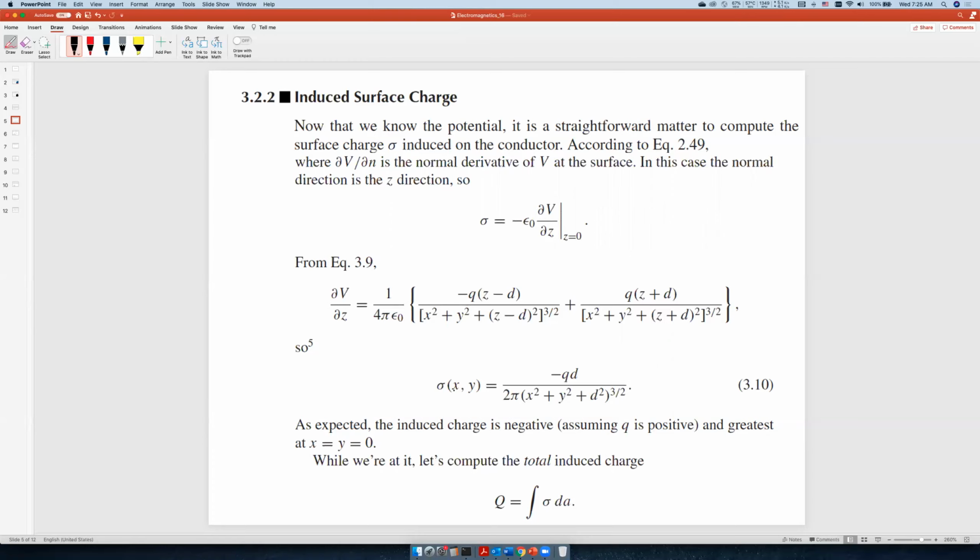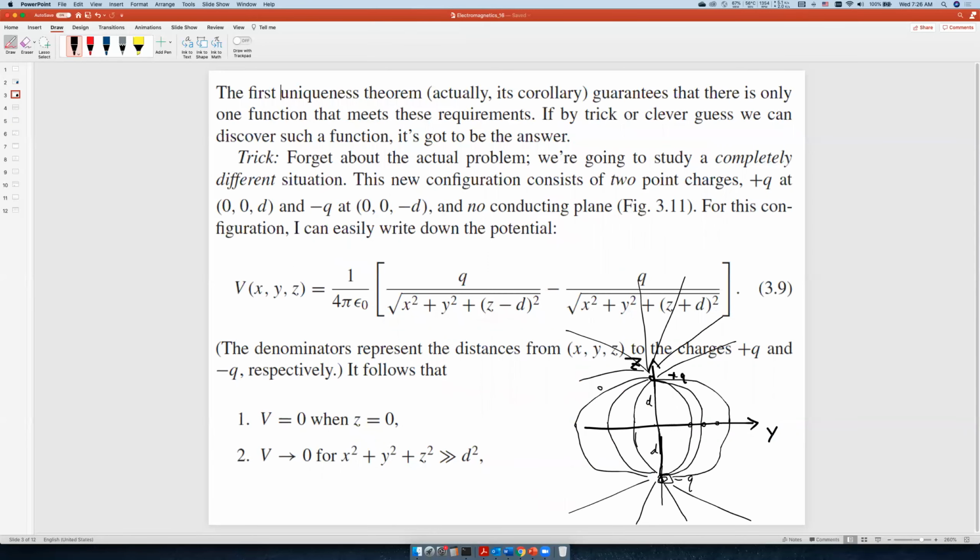So sigma equals this equation. As expected, the induced charge is negative, and the greatest value is when x equals y equals 0, which is just below the positive charge. And when moving to the left or right, the induced charge becomes weaker.